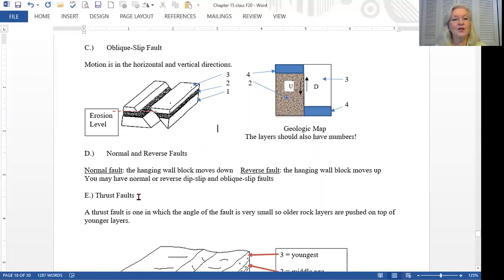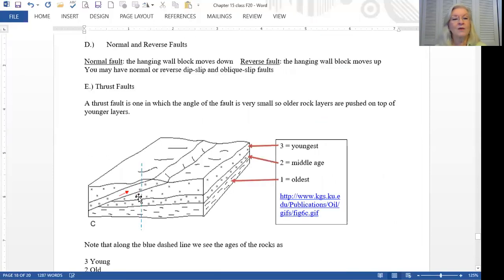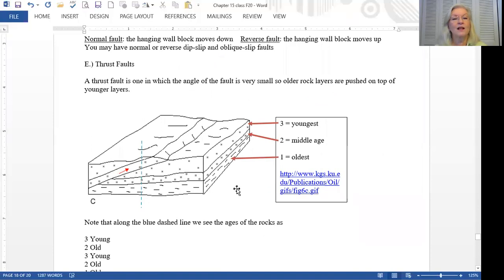And that gets us to thrust faults. So with a thrust fault, the fault line, which is right here for our drawing, the fault line is at a not quite horizontal, but almost angle. So that would be completely horizontal. This is just a little horizontal. It tilts just a hair.